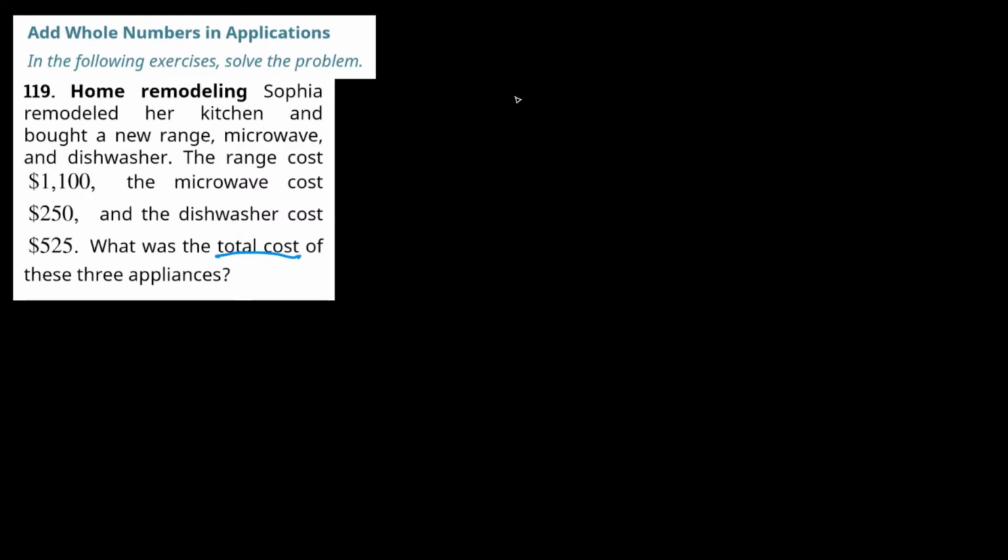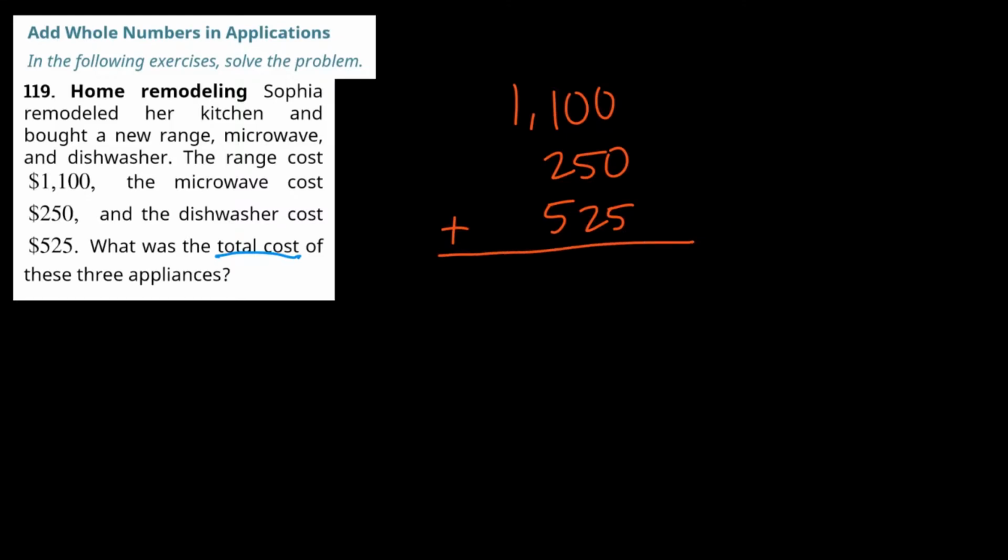So first we have $1,100 for the range. Then we have $250 for the microwave. And then we have $525 for the dishwasher. So we add up all of these together. We want to find the total cost of these appliances.